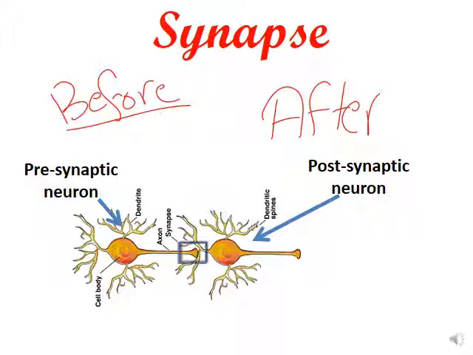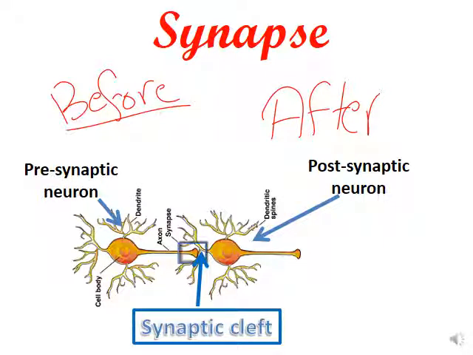In the middle, we have the synapse, and we have something called the synaptic cleft. It's the region where some chemical messengers, which we're going to talk about later, are secreted or released into this cleft to cause a reaction.